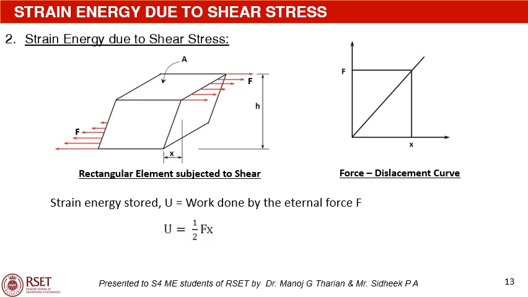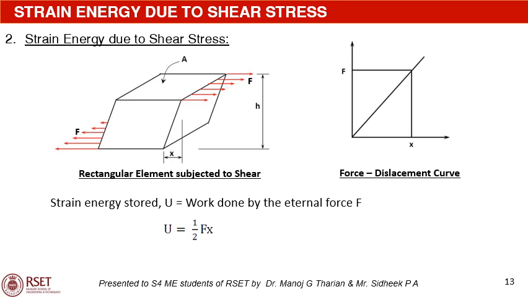In case 2, we will derive the expression for strain energy in the case of a block which is subjected to a shear force. Consider a block which is subjected to a shear force in opposite directions as shown in the figure.